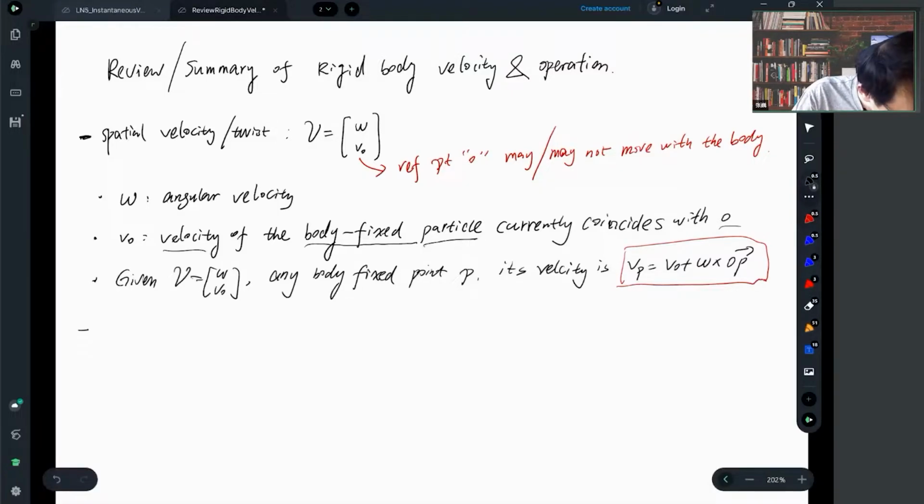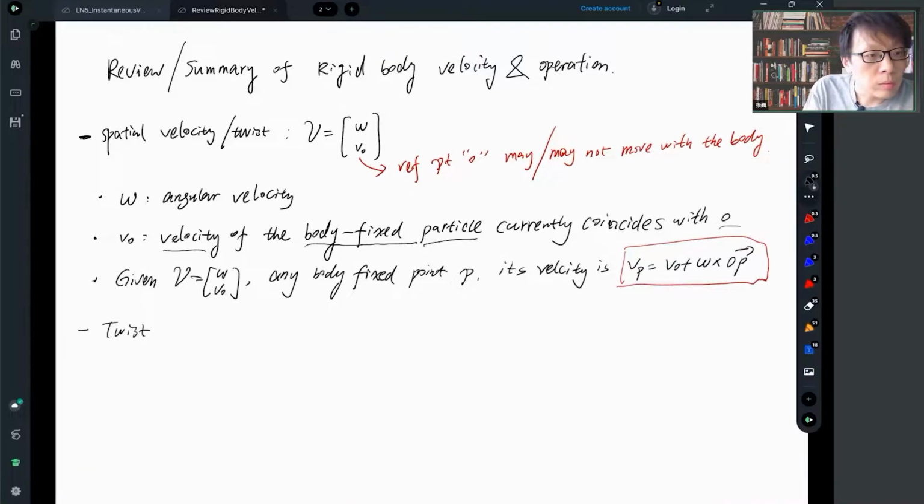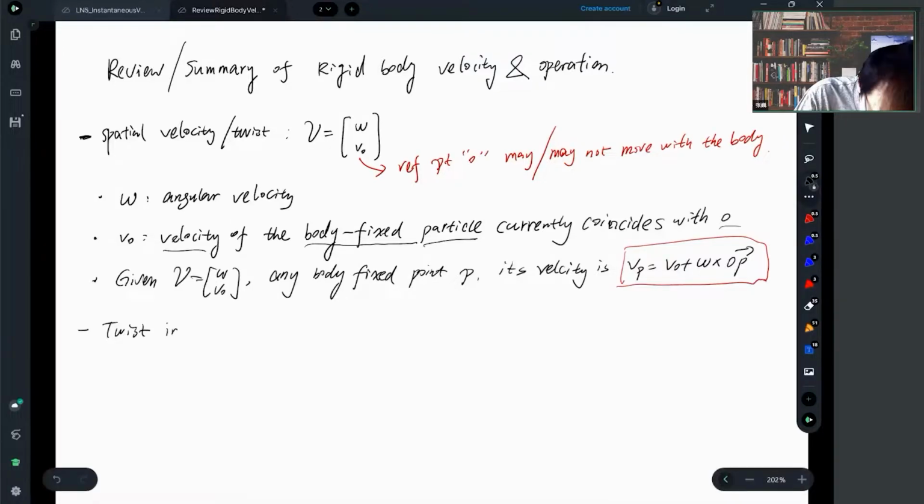And then we can say twist is so far coordinate free. We don't need any coordinates in order to introduce the above definitions. But we need to represent twist in frames.